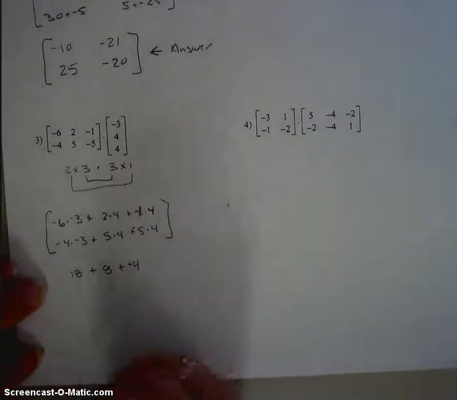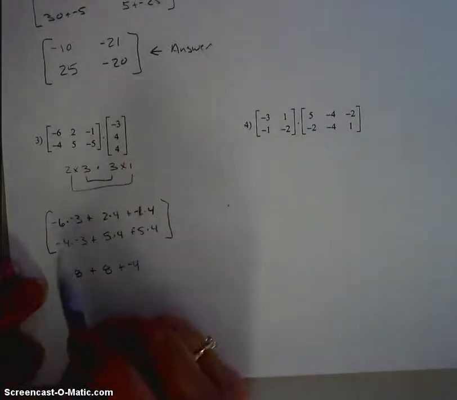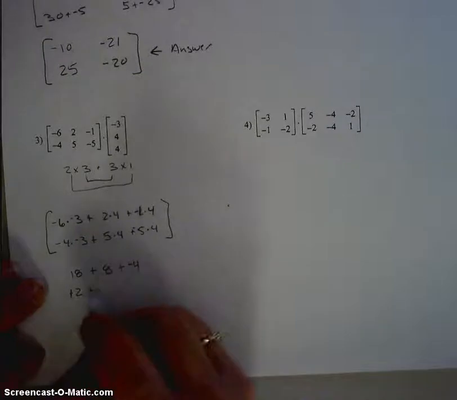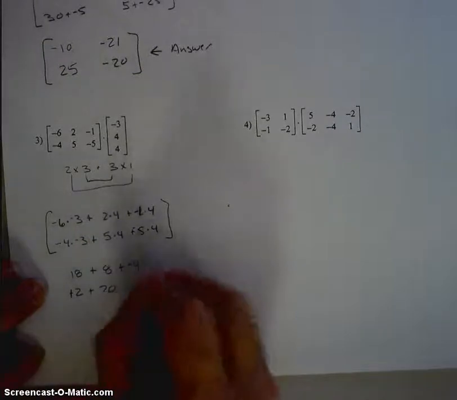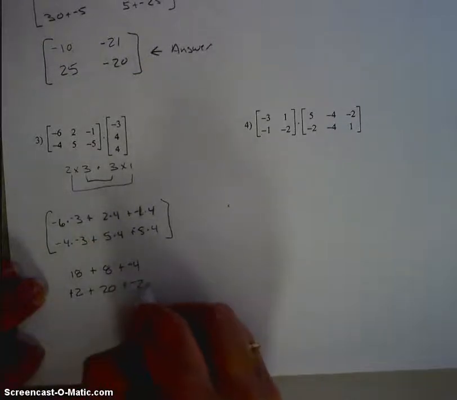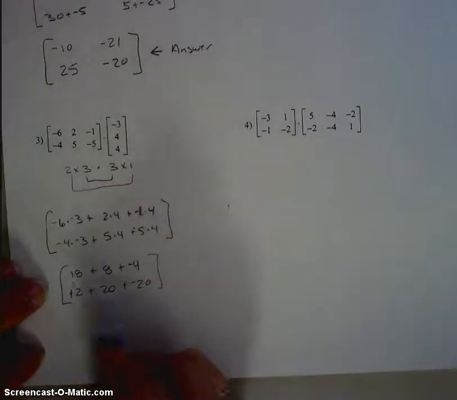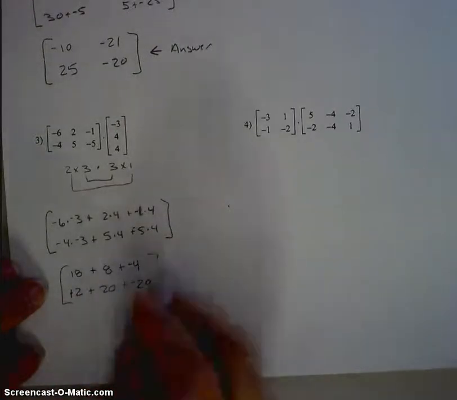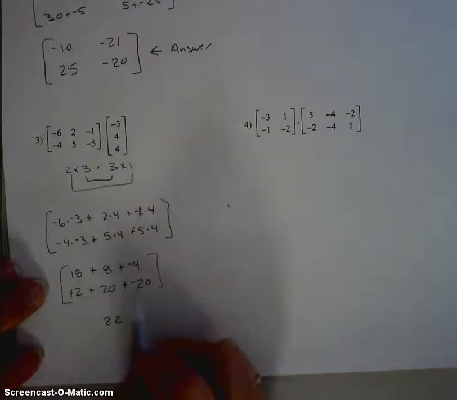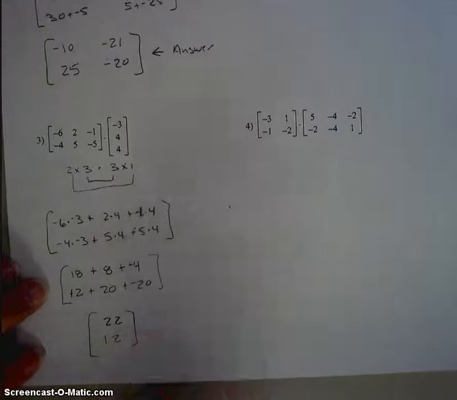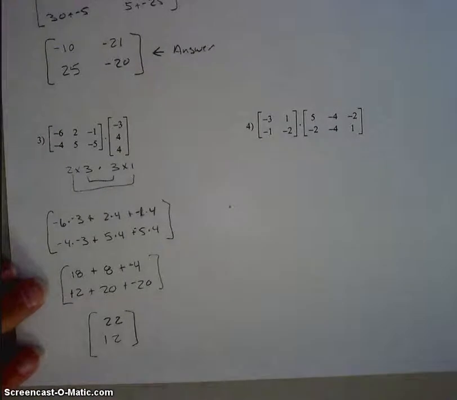Alright. Sorry about that. Okay, so the second one would be negative 4 times negative 3, which is going to be positive 12 plus 20. And negative 5 times 4 is going to be plus negative 20. Okay, so my matrix here is going to be 18 plus 8 is 26, then minus 4 is going to give me positive 22. 12 plus 20 minus 20 is going to give me 12. So my resulting matrix here is 22 and 12.